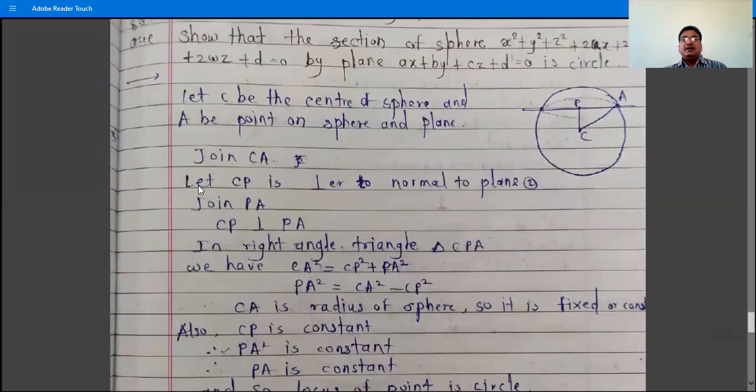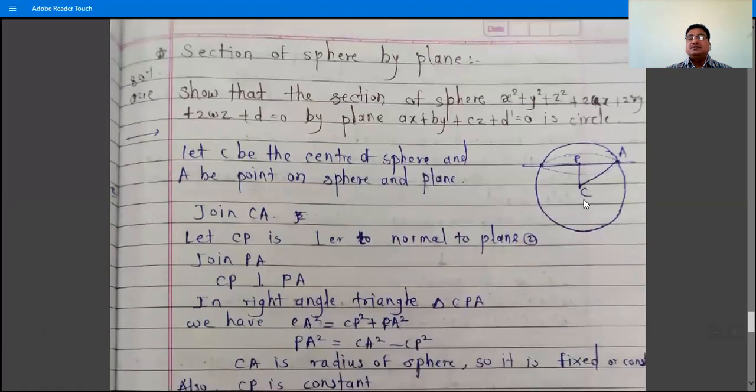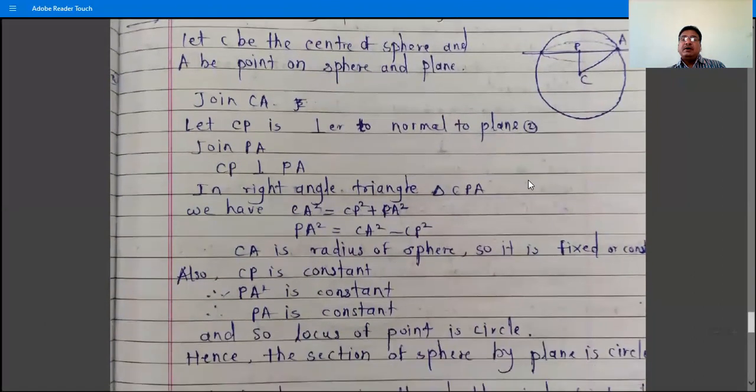Then CP is perpendicular, or normal, to plane 2. Write this equation of the sphere, numbering it as 1, and ax plus by plus cz plus d dash is equal to 0 as equation number 2. Then what happens? CP is perpendicular to the plane, which means it is normal to plane number 2.